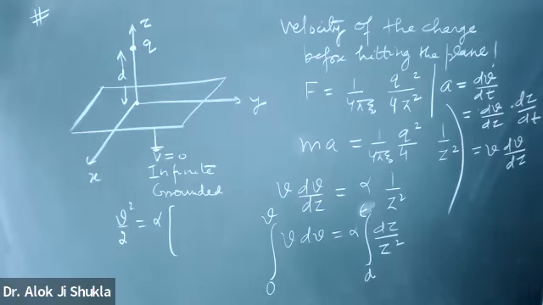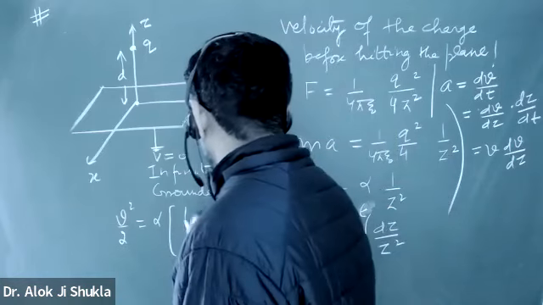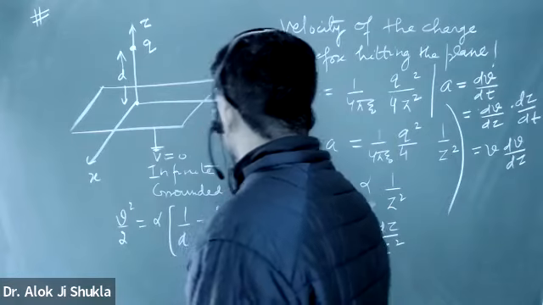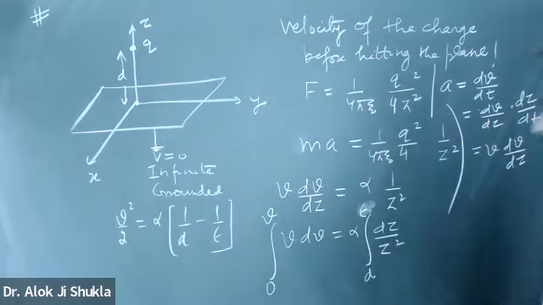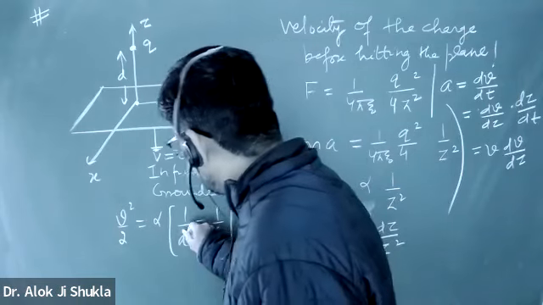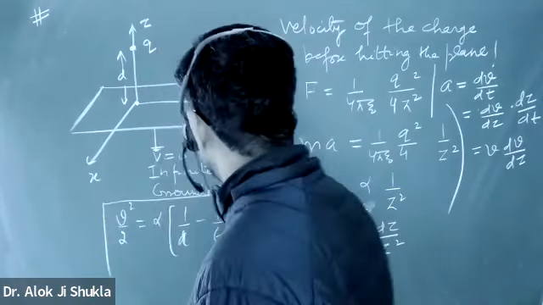So it will come out to be alpha times minus 1 by z, so 1 by d minus 1 by epsilon. Then you have to put the value of epsilon, a very small number. The velocity will keep on increasing as you approach this. So this is the velocity profile.